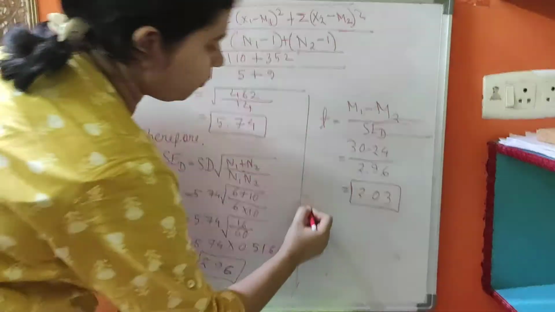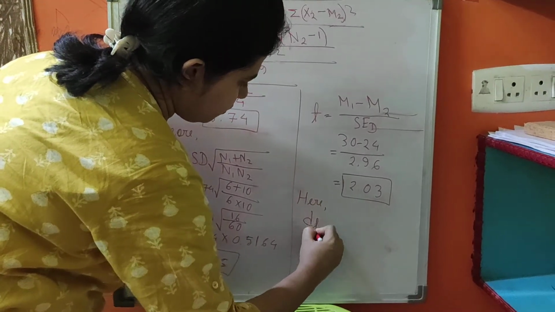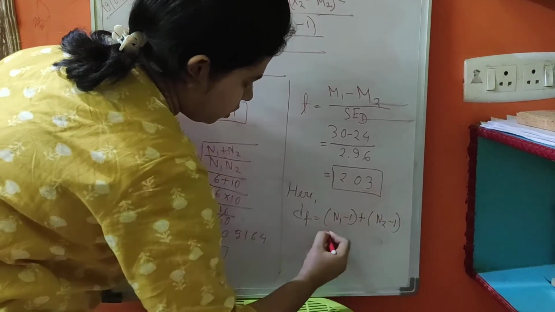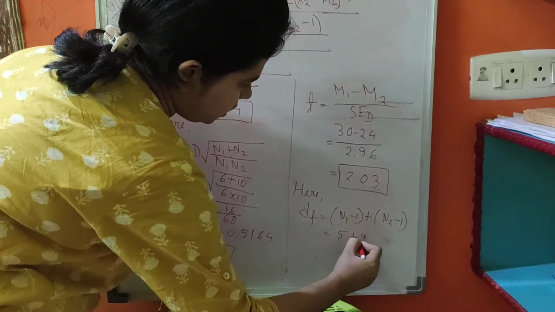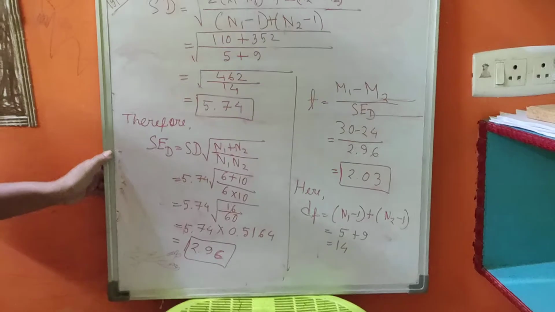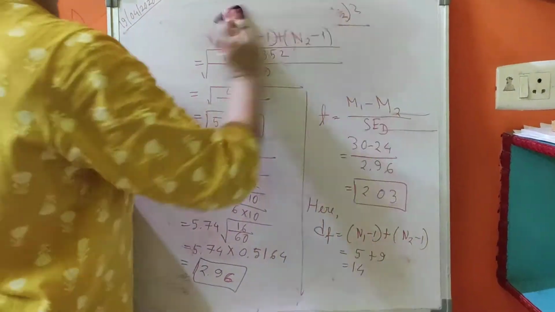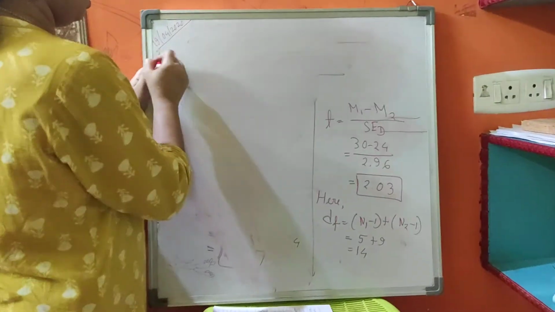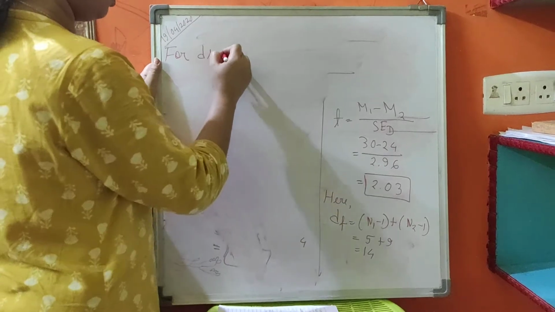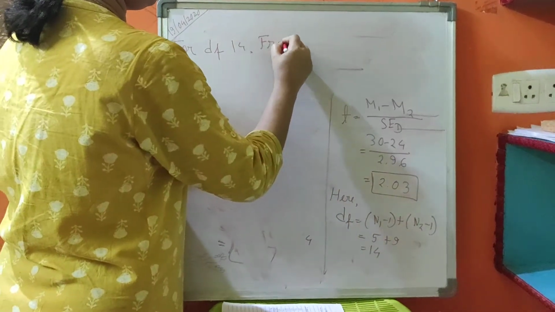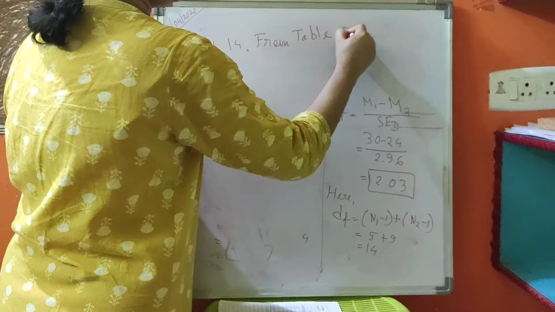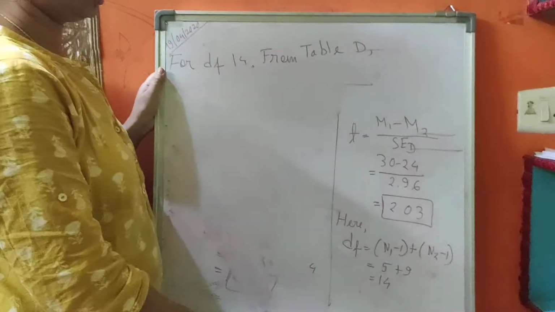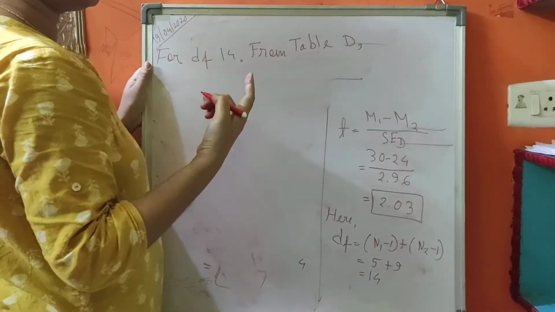Now the DF formula is n1 minus 1 plus n2 minus 1, so 5 plus 9 equal to 14. Now for 14 DF, we can check the t value in the table. We will check the t value for the two-tail test.